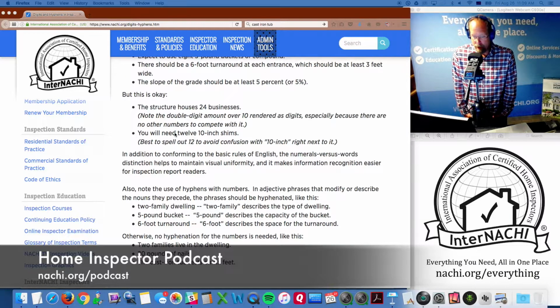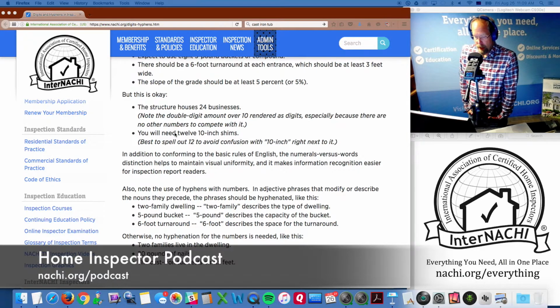Well, it's a measurement, right? How long is it, or how wide is it? What is the dimension of it? When you have a measurement like that, use a digit. So it's the digit 6, and you hyphenate it because 6-foot describes the turnaround.